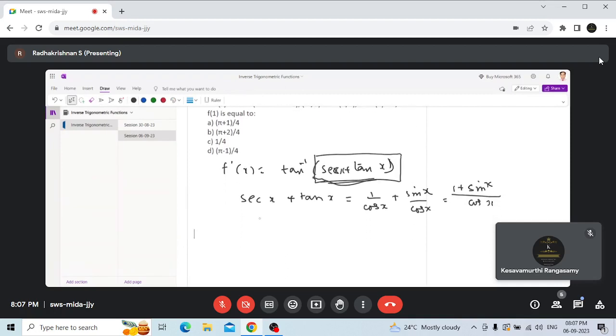This sin x can be written as 2 sin x by 2 cos x by 2, and cos x can be written as 2 cos square x by 2 minus 1, since cos 2x is equal to 2 cos square x minus 1.